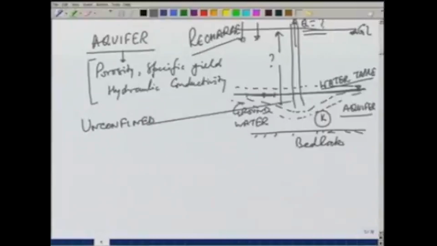And the behavior of this unconfined aquifer is very different from the other kind of aquifer which we call confined.